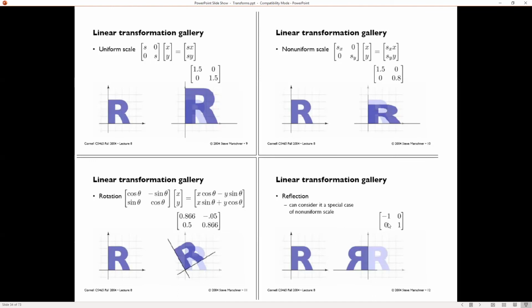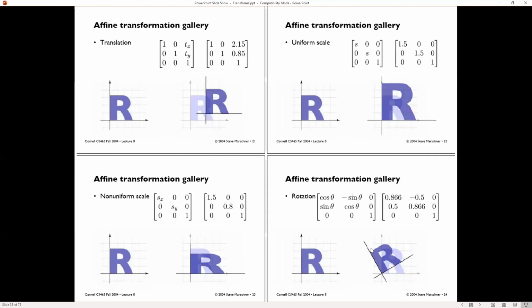A negative scale turns out to be a reflection. If we go up a dimension, now we can get translation. So now we're on 3 by 3 matrices. Now I can move my objects with a translation matrix, but I can still write my scales and my rotates in this 3 by 3 form.